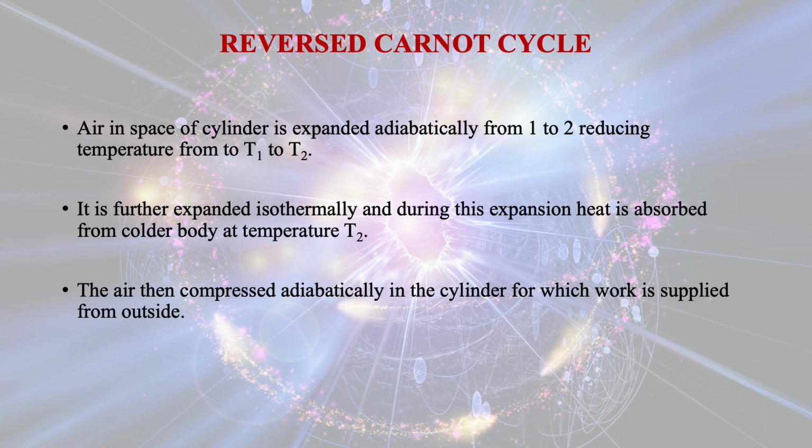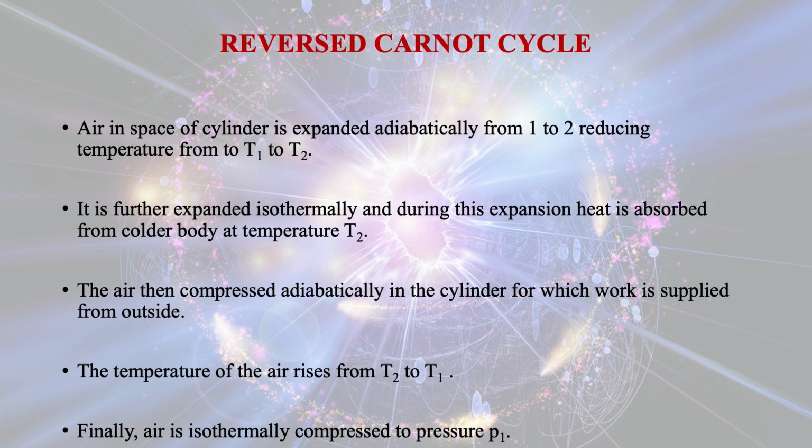The air is then compressed adiabatically in the cylinder, for which work is supplied from outside. The temperature of the air rises from T2 to T1. Finally, the air is isothermally compressed to pressure P1. That completes the cycle.